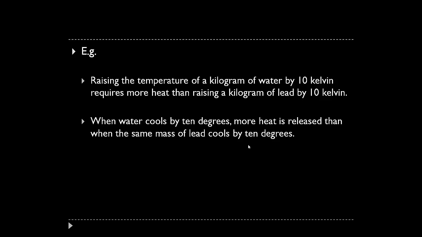Going the other way, if we allow water to cool by 10 degrees, it will release more heat than if we allow the same mass of lead to cool by 10 degrees. And we can say therefore that water has a greater specific heat capacity than lead. And what we'll do now is we'll go over a few worked examples applying these concepts, and then in class we will discuss the ideas further.